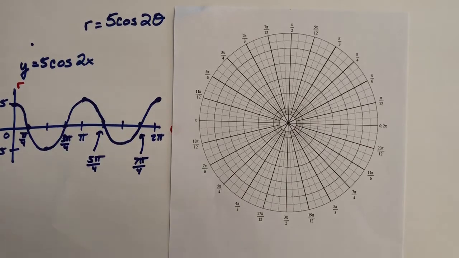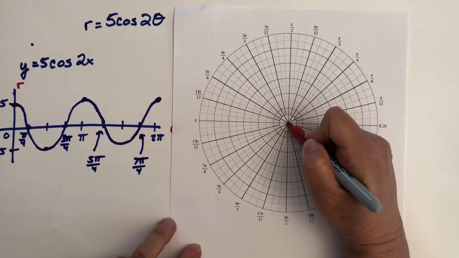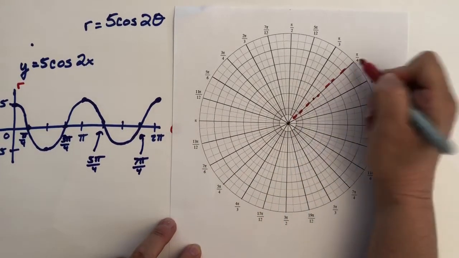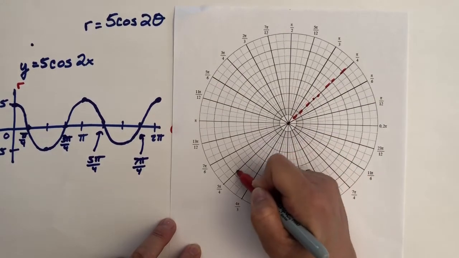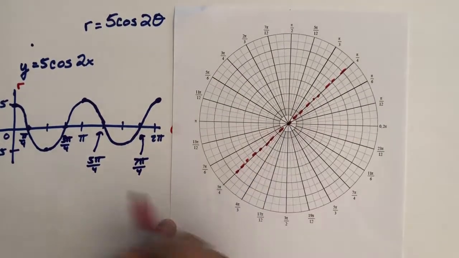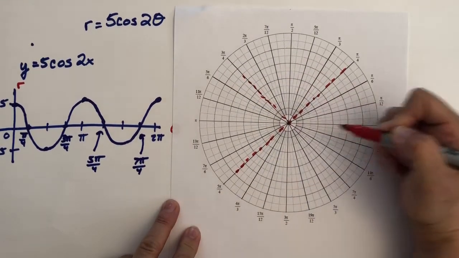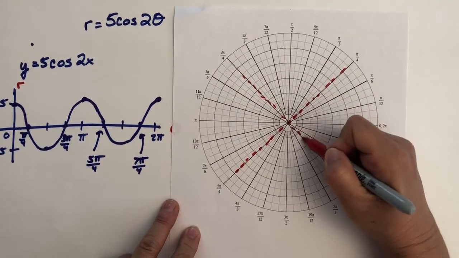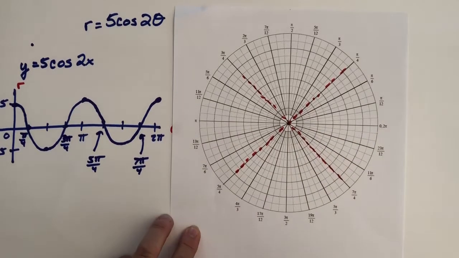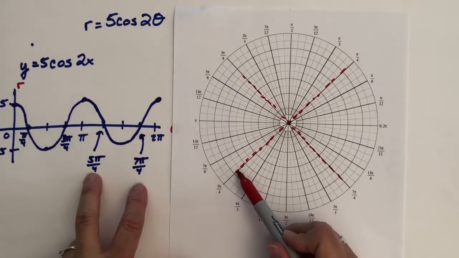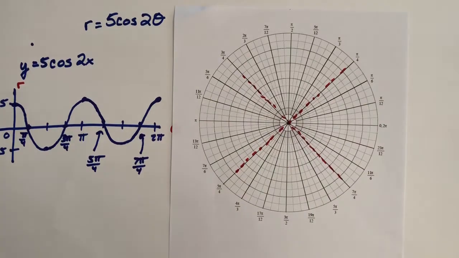So we can draw in those lines at pi over 4, and 3 pi over 4, and extend them. 5 pi over 4 is already there, and 7 pi over 4 is already there.